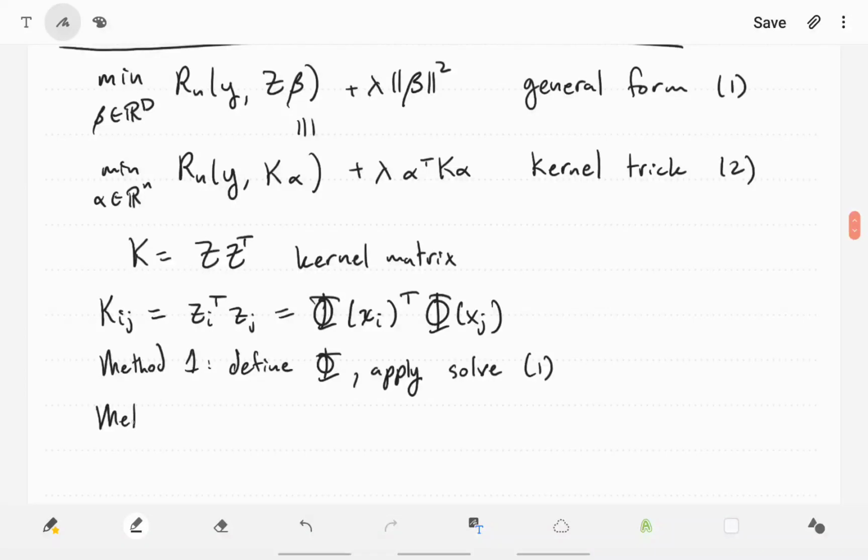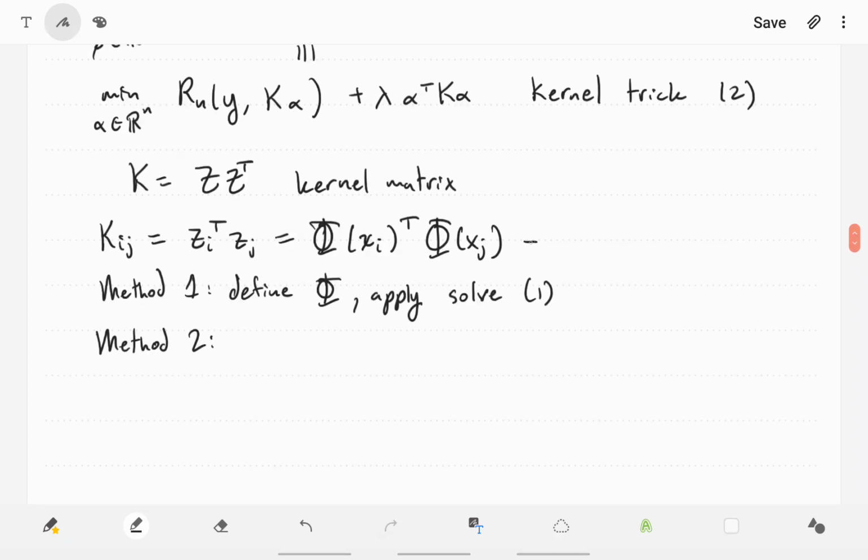Method 2. So that's one approach, and that's the approach you take when you do feature construction, when you take logs and squares and basis expansions of X variables, and then apply your favorite linear method. That's the method that you might be accustomed to. The other approach is to instead think about a kernel function, which is just a name for this function here, X_i, X_j.